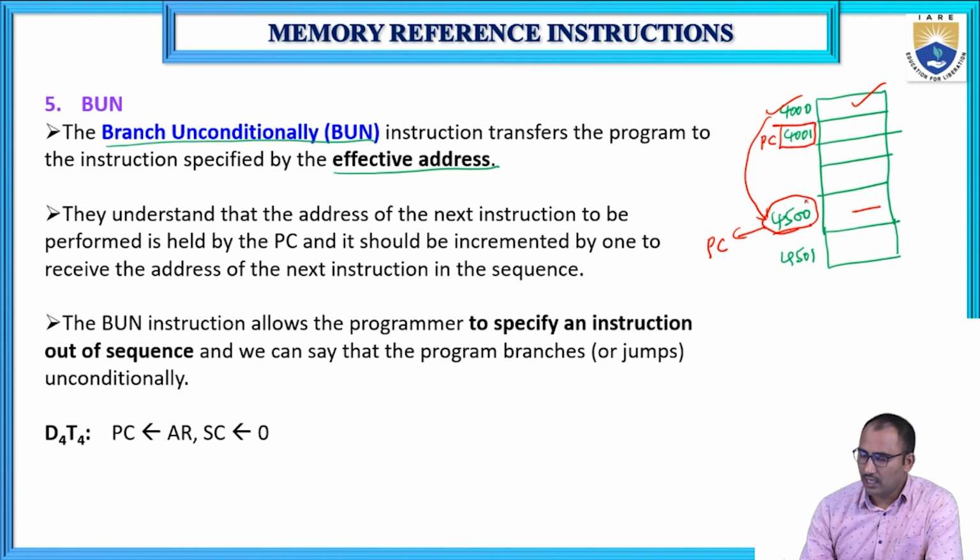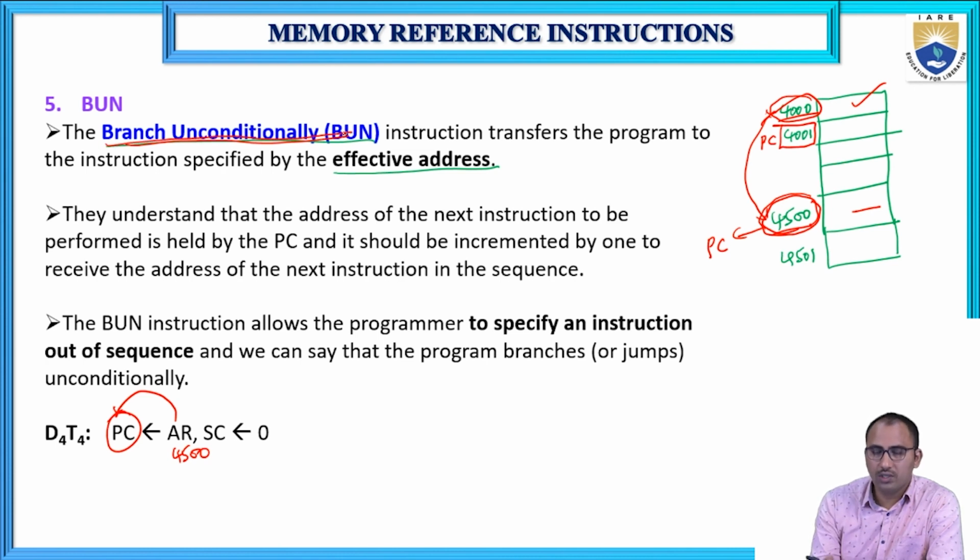So this 4500 we have to load into the program counter, so that the program control will be transferred from 4000 location to the 4500. So this is called branch unconditionally. Here we are not checking any condition, simply unconditionally the branching takes place.